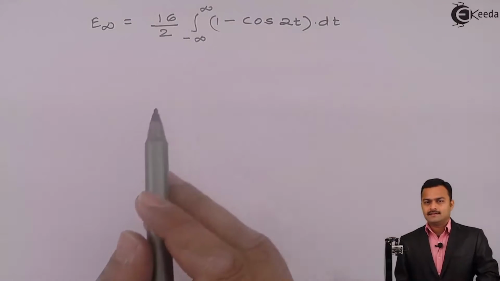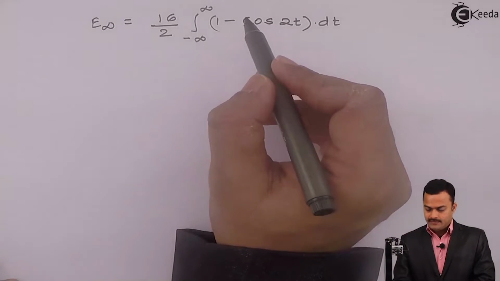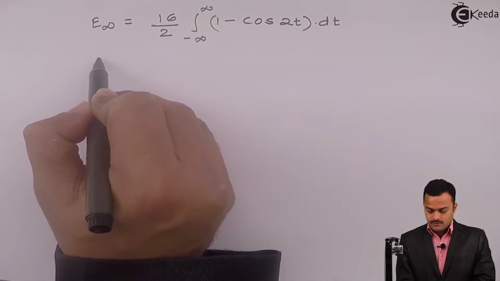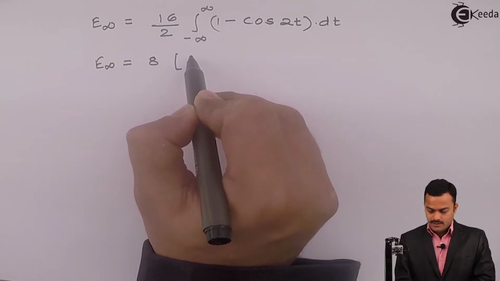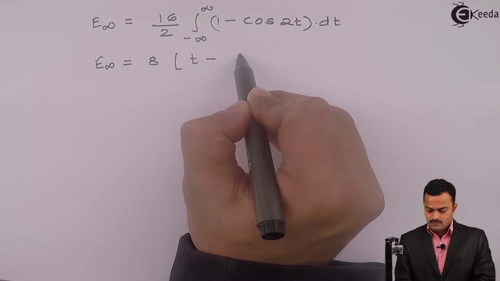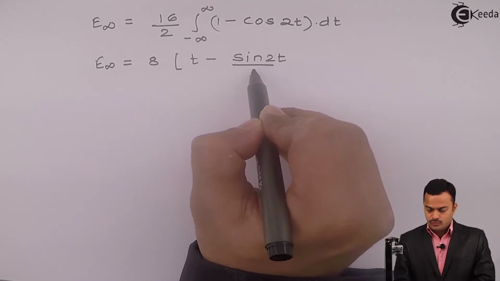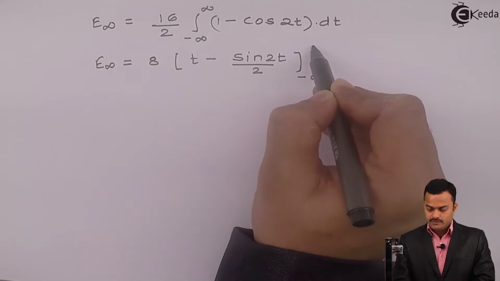In definite integrals, it is not going to matter. So in the end, I will get this expression whose integral will be t minus sin 2t upon 2, with limits minus infinity to infinity.